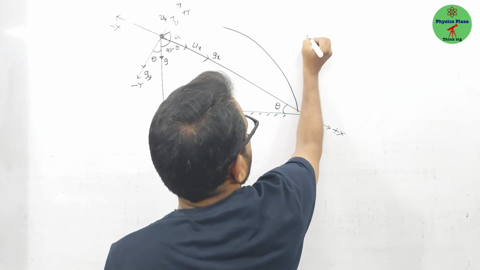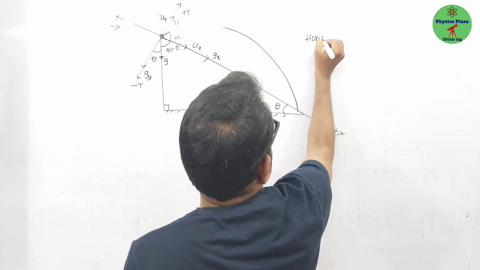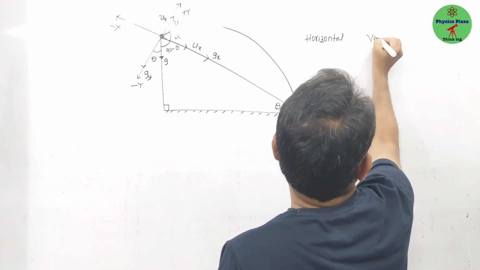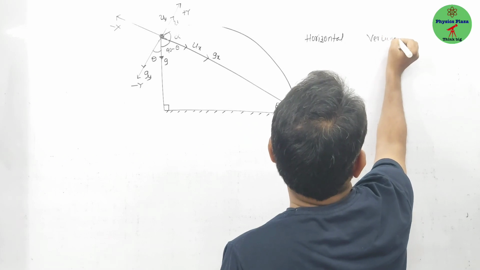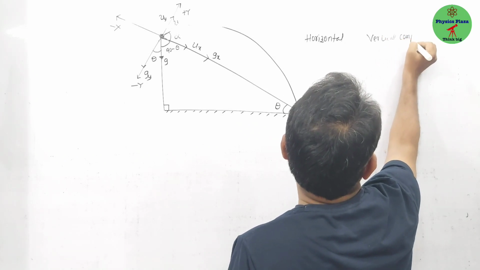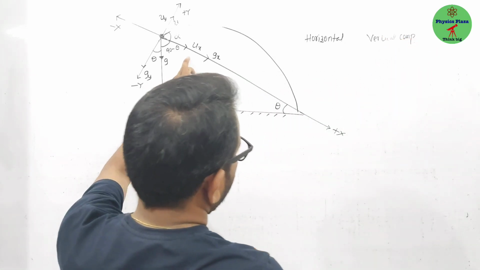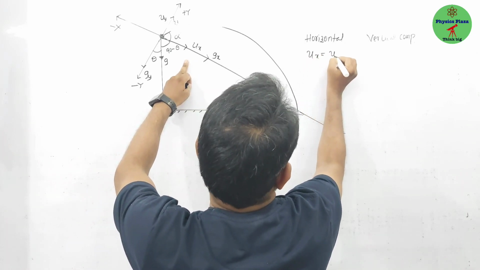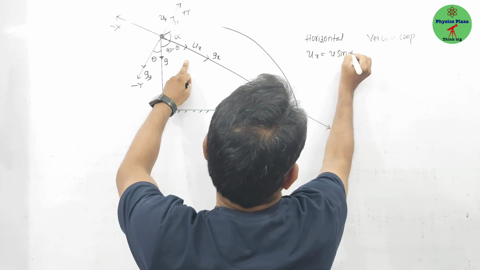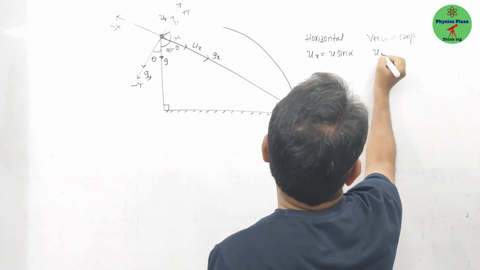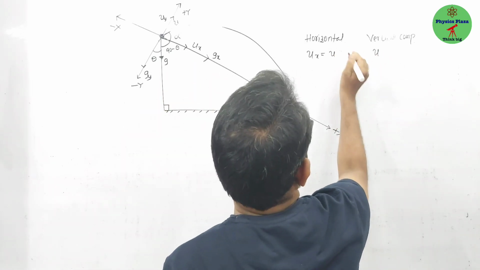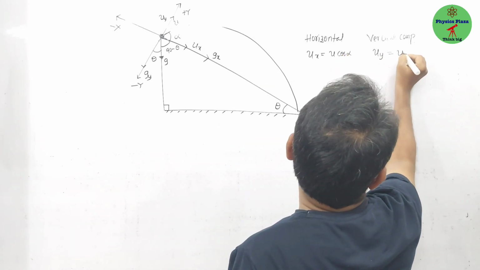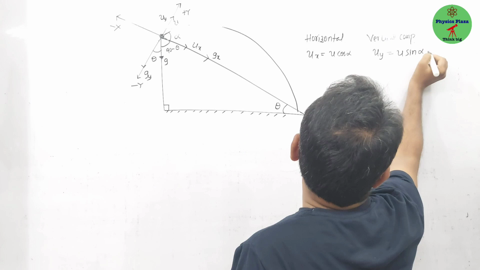First, ux is equal to u cos alpha, whereas uy is equal to u sin alpha.